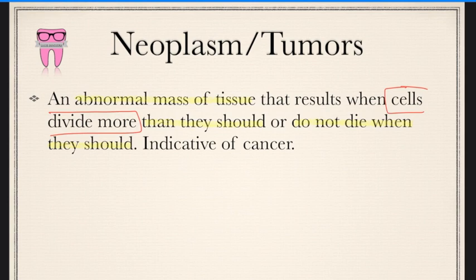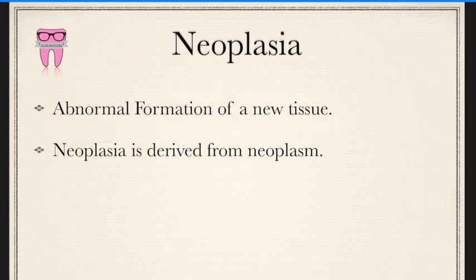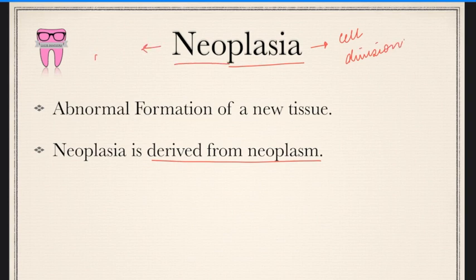Now, coming to the next term, neoplasia. Neoplasia is derived from the term neoplasm, but I've included this word because plasia has always got something to do with cell division. Plasia is nothing but cell division. So, neo means new, plasia means cell division. So, it means new cell division.